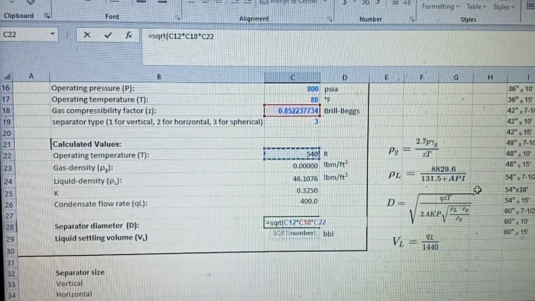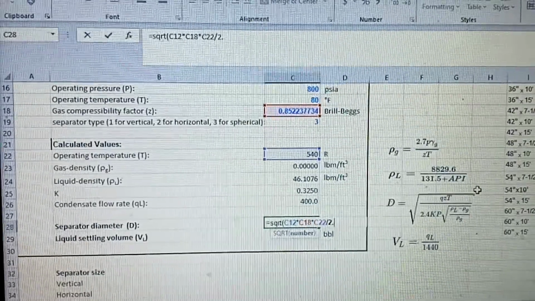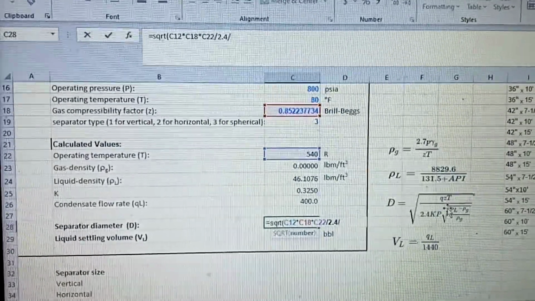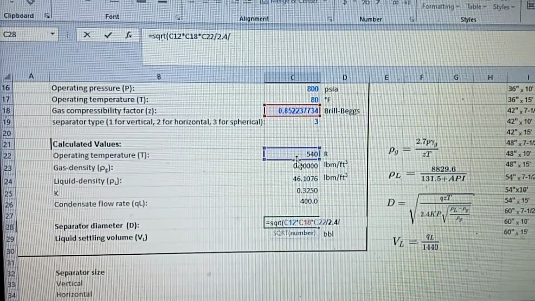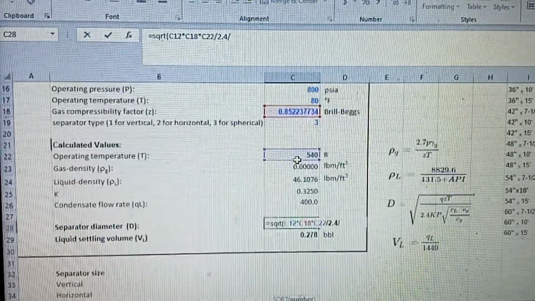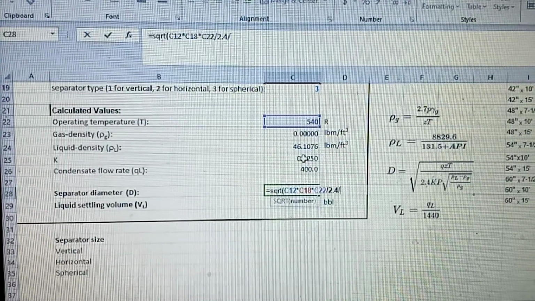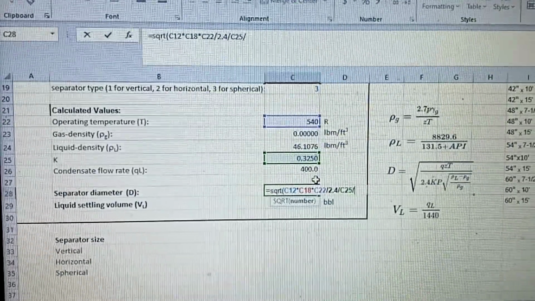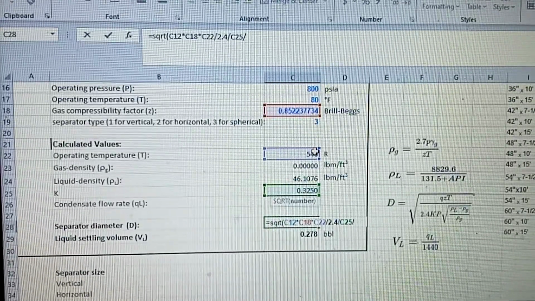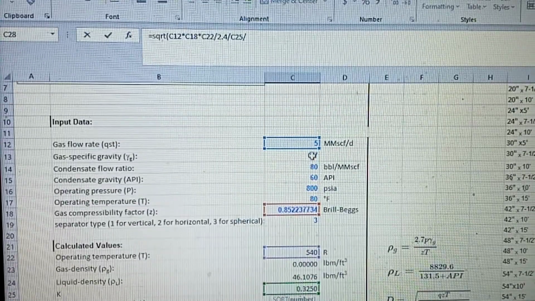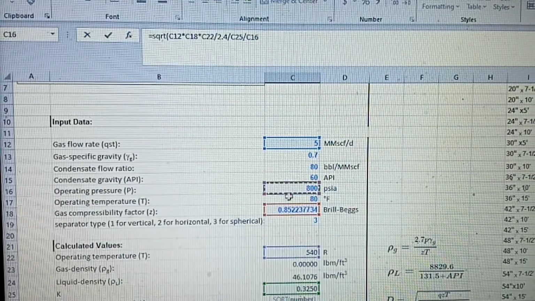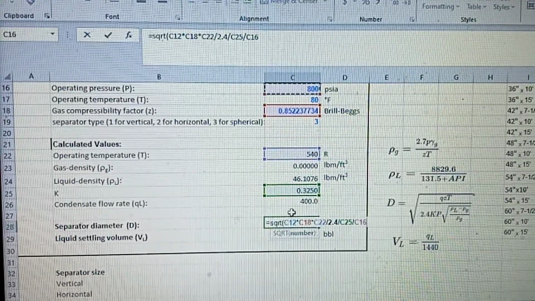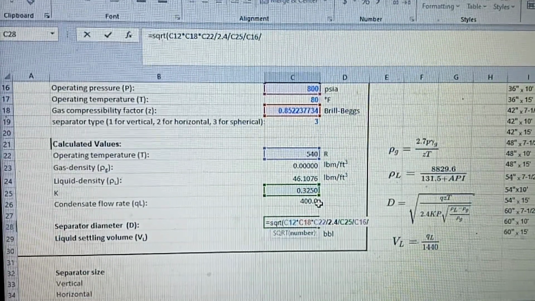So slash 2.4, slash K. I just calculated that. K is C25. I click on that. Then slash pressure, which is 800, C13, C15. Then slash.